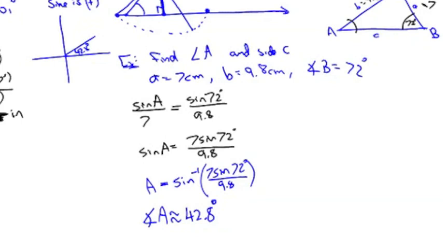And if this angle is in the second quadrant, this reference angle would be 42.8. So what's 180 minus 42.8? So there's another possible angle that this could be, because sine inverse only gives us one of the possible answers.